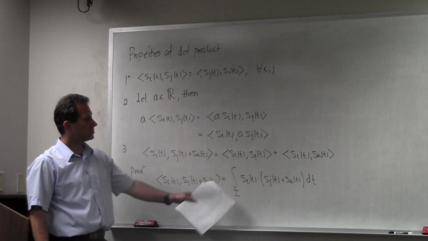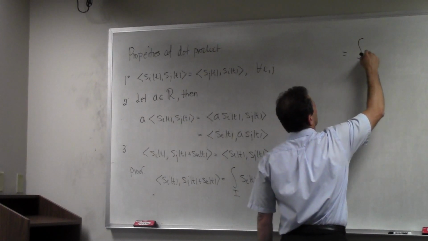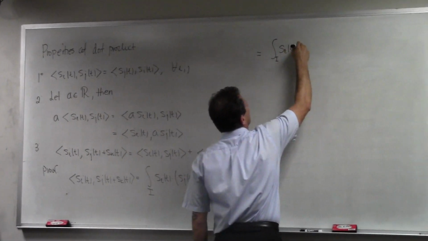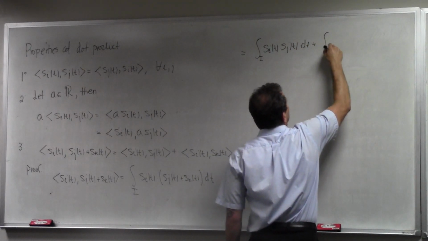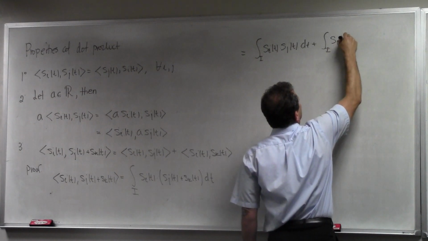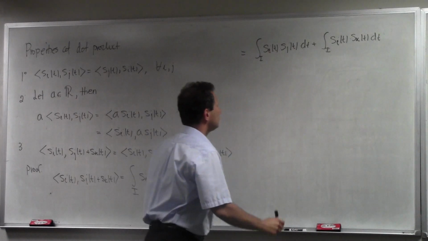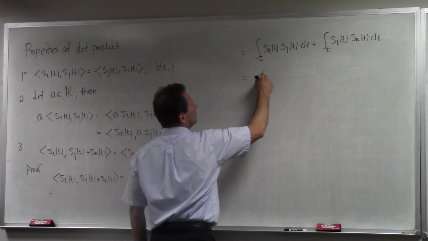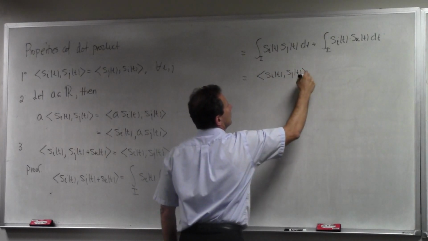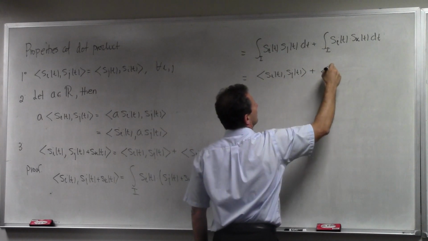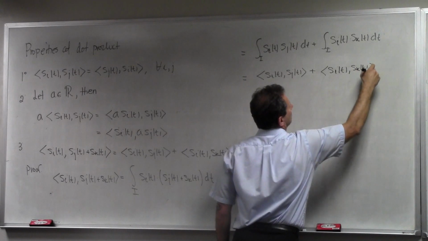But now you see that this integral can be split into two integrals: the integral over I of Si of t times Sj of t dt, plus an integral over interval I of Si of t times Sk of t dt. Well, what is this first integral? This is the dot product of Si of t and Sj of t. And the second integral is the dot product between Si of t and Sk of t. Right?